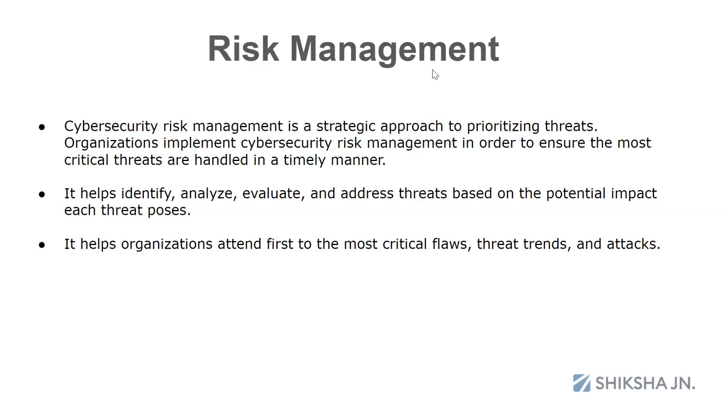Whenever a threat is identified by any other ground level teams of cybersecurity, the risk management team will be collecting all the risks which they have identified, and then prioritizing them based on the severities: critical, high, medium, whatever it is. They will also prioritize based on business impact, which is going to be a huge business impact in real time.